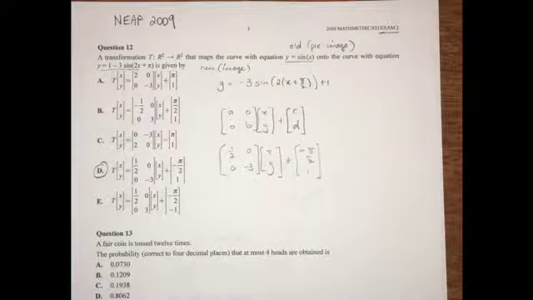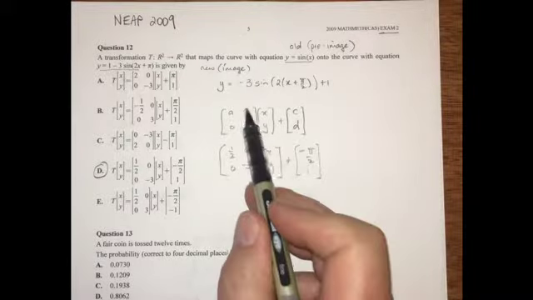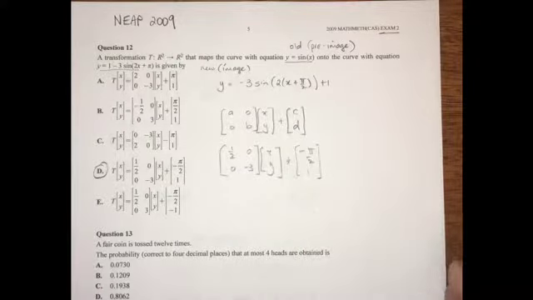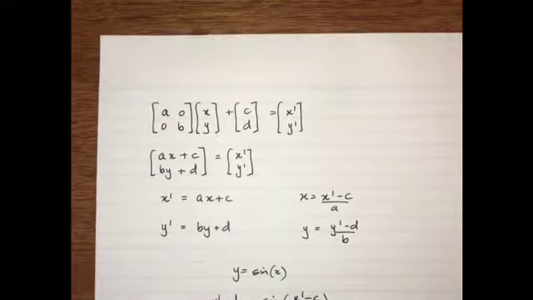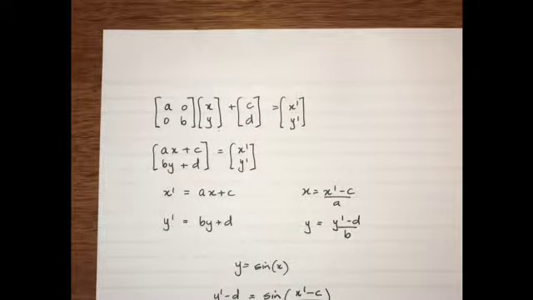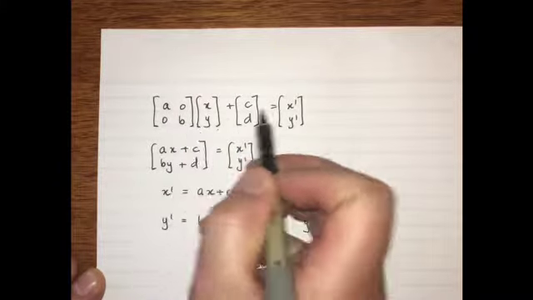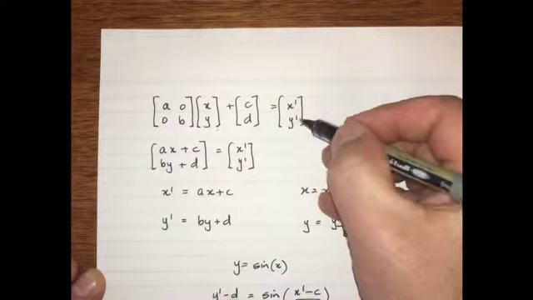There is another way to do this question, and that is to consider a transformation matrix like this and then equate coefficients. I've done that over the page. We just multiply an unknown transformation matrix by x dash, y dash.